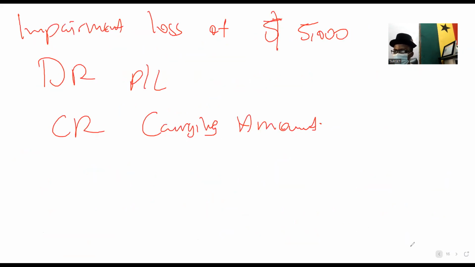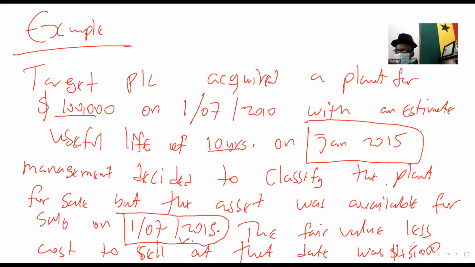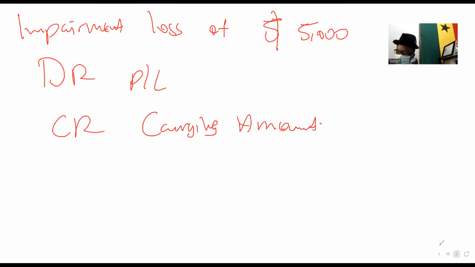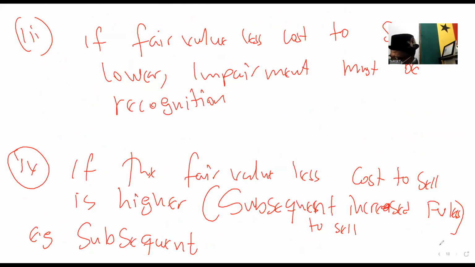Initial gain, we don't record it. At the initial stage, if the fair value is more than the carrying amount, do nothing. But the subsequent gain is the only one that we are interested in.